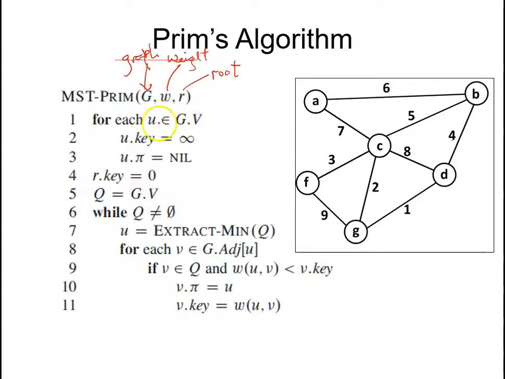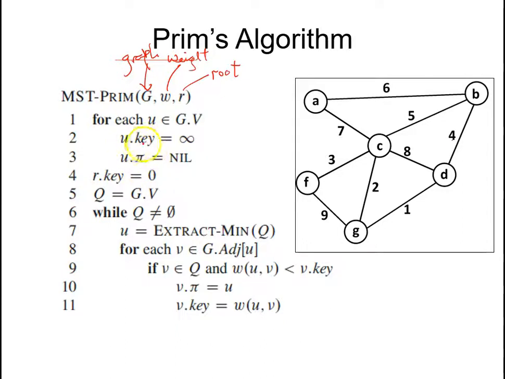Okay, for each vertex, we're going to set a key value as a very large number, infinity. Okay, so that it's larger than any of these weights. Okay, good. And we are going to set the predecessor.